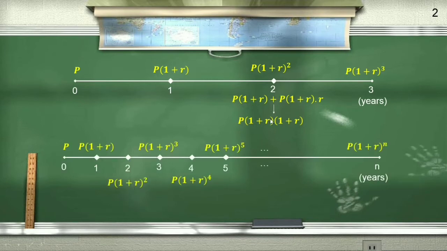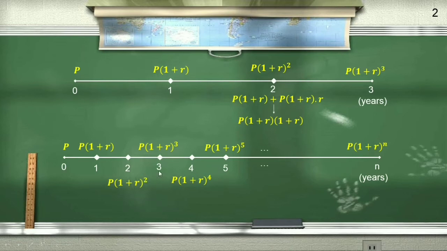So by doing this from the starting point, our capital P becomes this at the end of the first year, and at the end of the second year becomes P times 1 plus R to the 2, and then at the end of the third year, our capital P becomes P times 1 plus R to the cube, and so on.